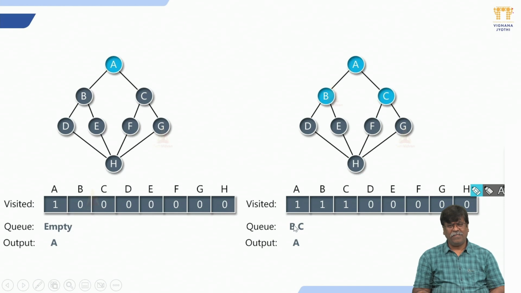Now you can remove B from the queue. So you know the operations of the queue. How exactly will the queue be working? First in, first out.